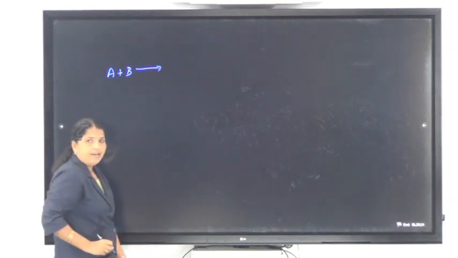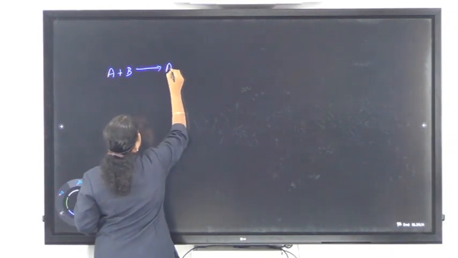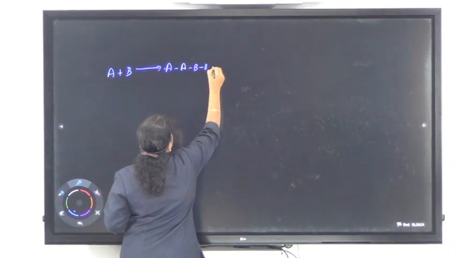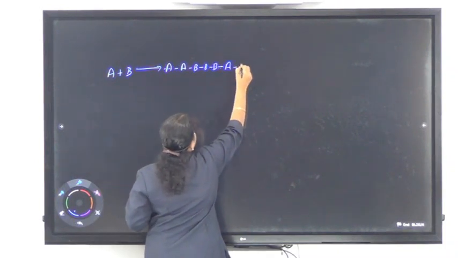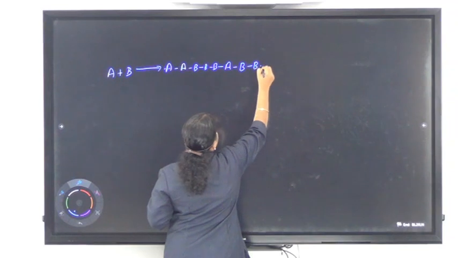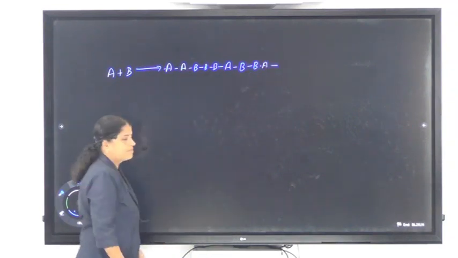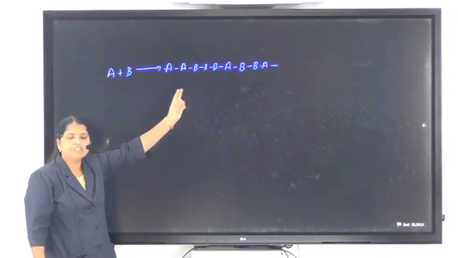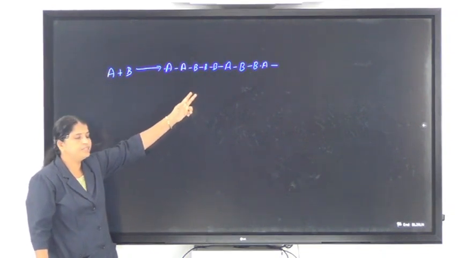For example, we copolymerize two monomers A and B. So it can link like this. There is no definite pattern for the monomer units for linking.